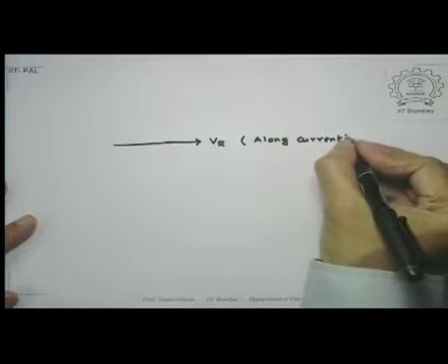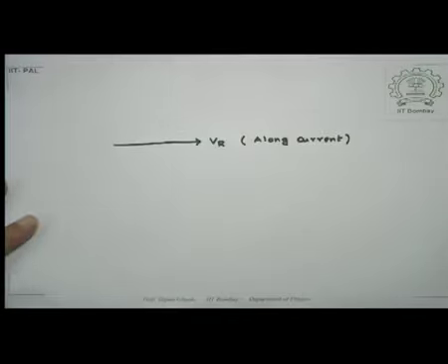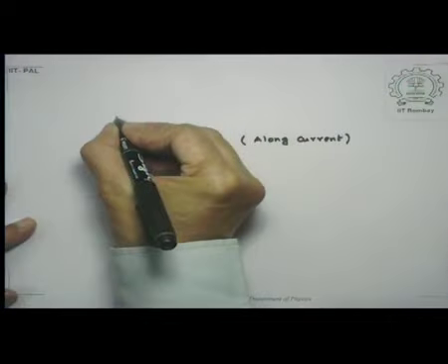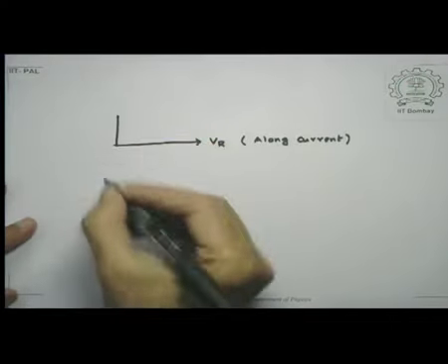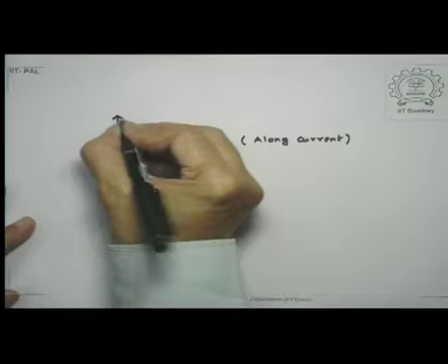Now, if you recall, in an inductor the current lags the voltage. Another way of saying that is, for an inductor, voltage leads the current by 90 degrees. So if in the same diagram I am drawing the voltage across the inductor, I'll draw it like this. So this is, let's say, VL.